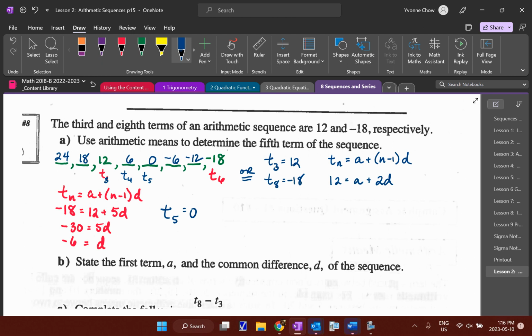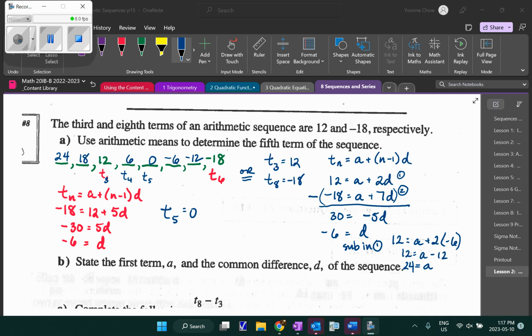The second equation, term 8 is negative 18, we don't know a, n is 8 for term 8, so 8 minus 1 is 7d, and now we have a system of two equations, two unknowns, and that should be pretty straightforward then for you to solve. So I'm going to hit pause and go through, and you can try that out, and then we can compare.